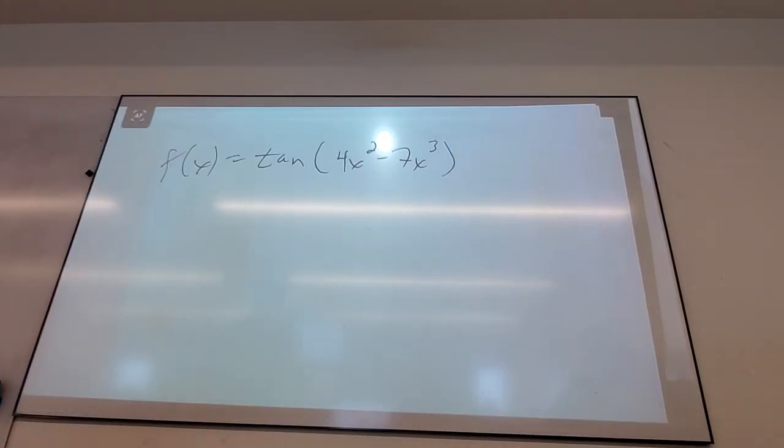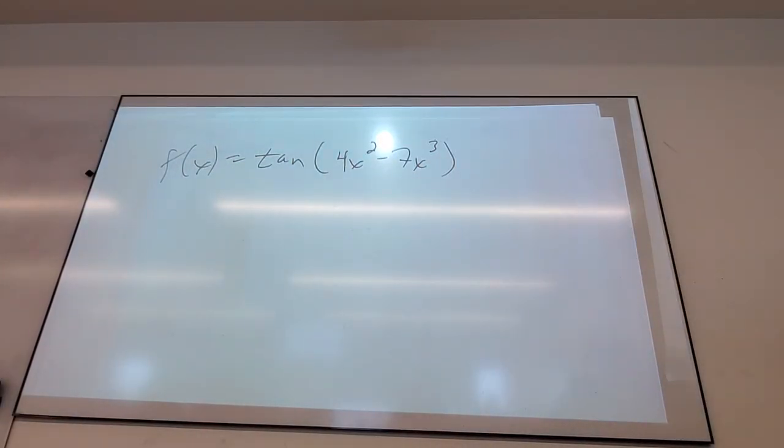Now, okay. What's the outside function? Tangent. What's the inside function? 4x squared minus 7x cubed. You with me? Inside is more than just x. So look at it as tangent of stuff. How do you take the derivative of tangent of stuff?